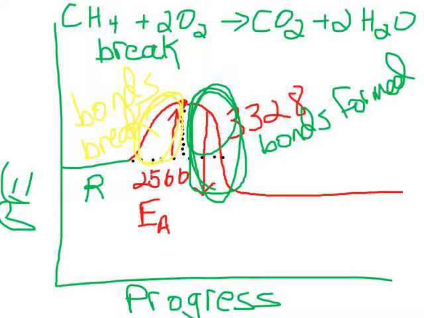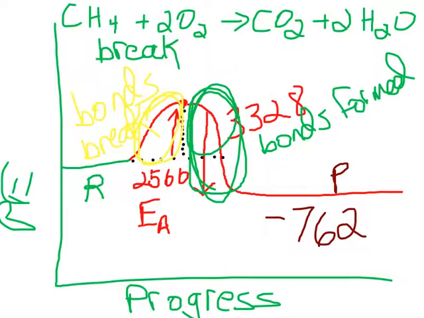So in the end, we have the energy state of our products indicated by this platform here, and we know that these products now have 762 fewer kilojoules per mole than they had at the beginning. How did I get that?